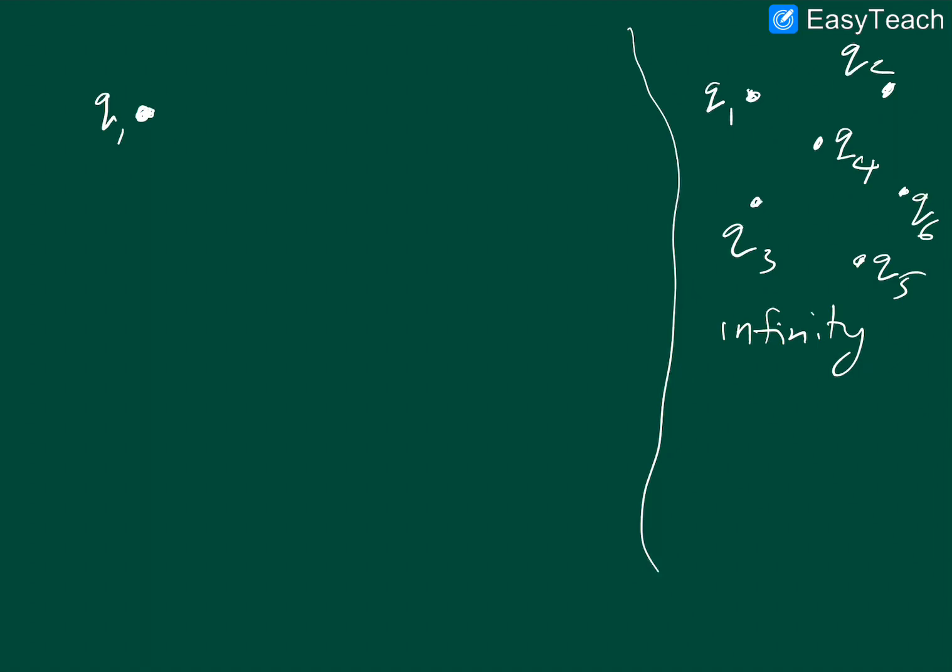So you are moving Q1 in free space. That means it is very easy to move Q1, because there won't be any repulsive force exerted by the region of space. So it is very easy to move Q1 from here to here. You don't need any work. So W1 is 0.